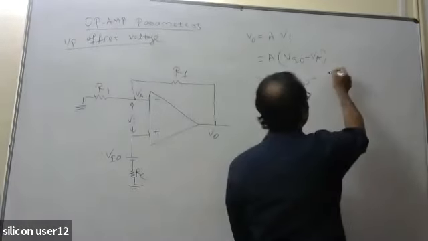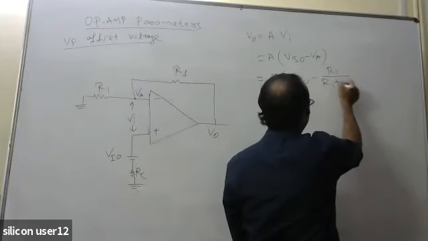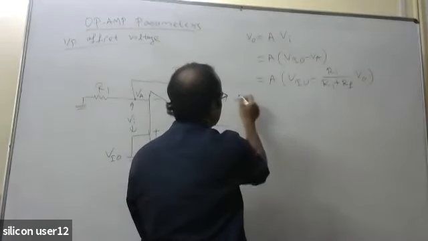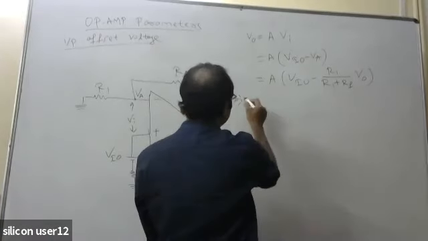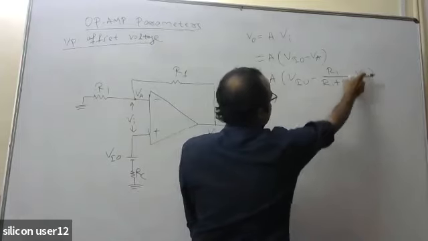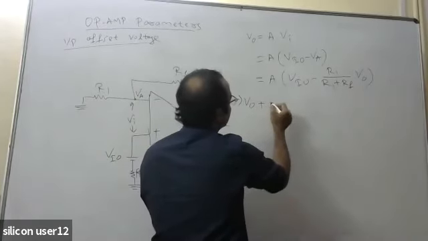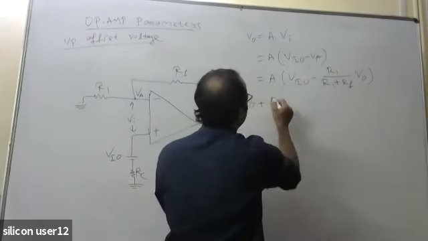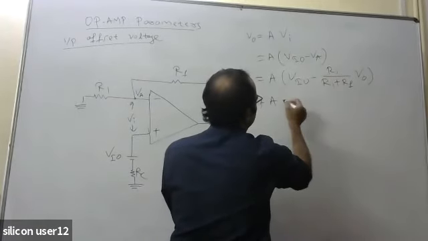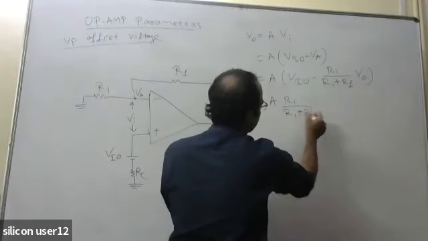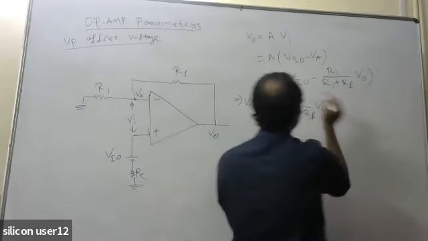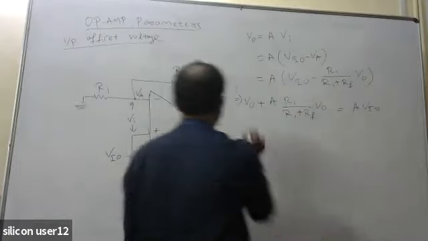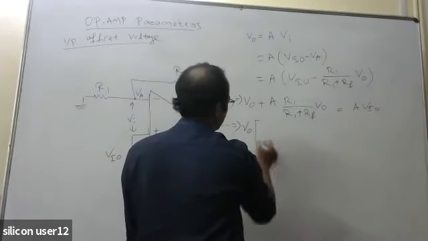Now you have to rearrange it. Take this right side term to the left side. So V0 plus A into R1 by R1 plus RF into V0 equals A VIO.